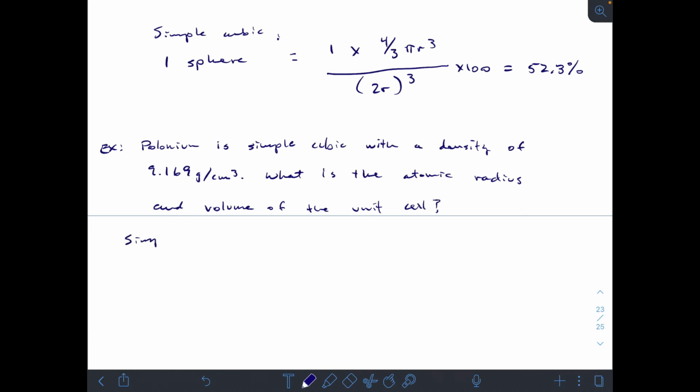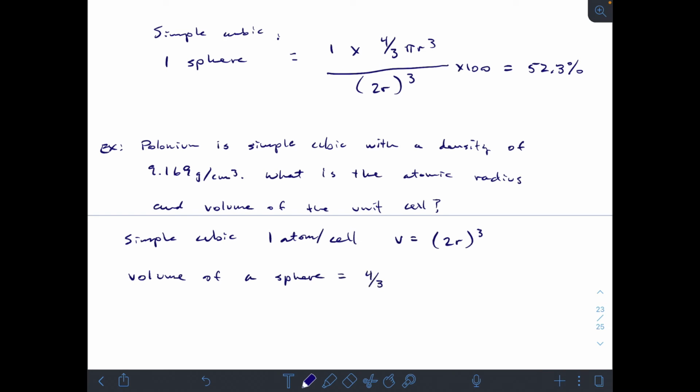Okay, so the simple cubic has 1 atom per unit cell. Okay, and we know the volume of that cell is (2r) cubed. All right. We also know the volume of a sphere is 4/3 pi r cubed.